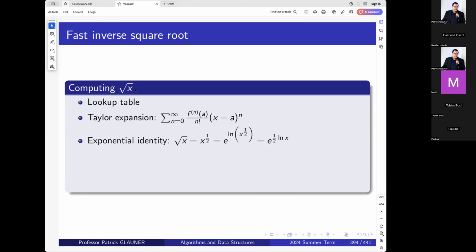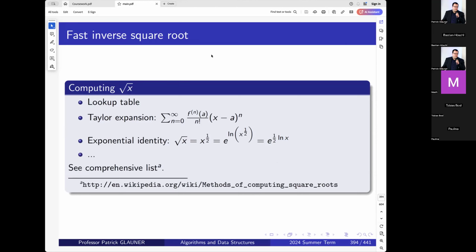But at least we know now how we can calculate the square root. There are lots of other algorithms or approaches of how to calculate the square root, because somehow it needs to be implemented in your library or in your calculator.